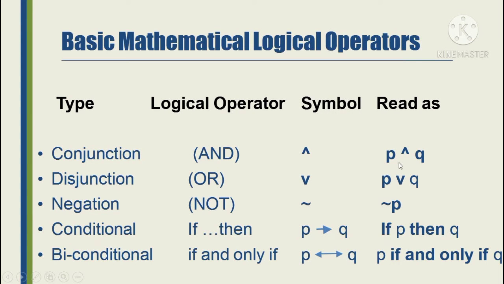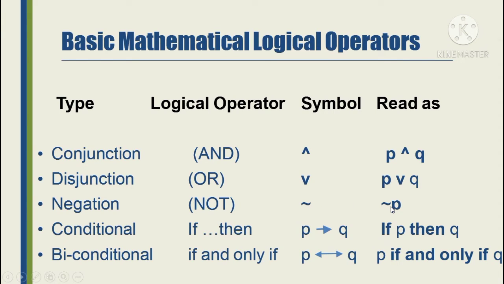Or we could say, we could read as P and Q. For this symbol naman, disjunction, we could read this as P or Q. Pag nakita nyo kasi ito ay and, ito ay or. And this symbol is for not.